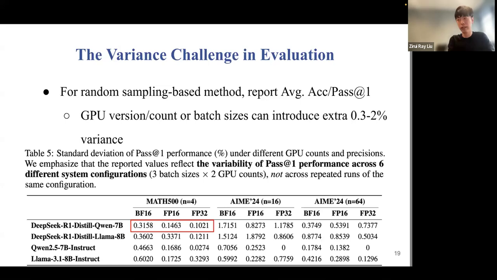But if you think about what reasoning papers commonly report, usually they don't report the error bar or the standard deviation. And second, they usually don't run the evaluation with so many trials.